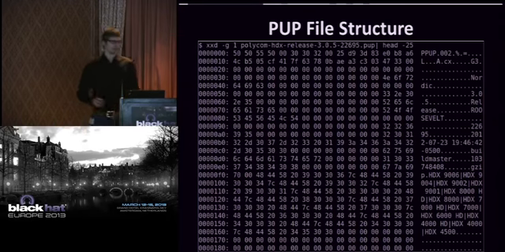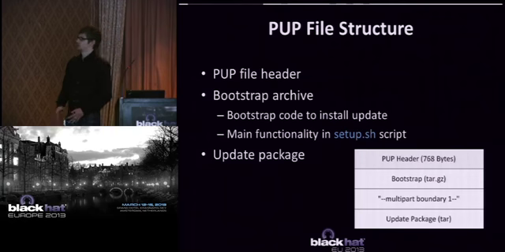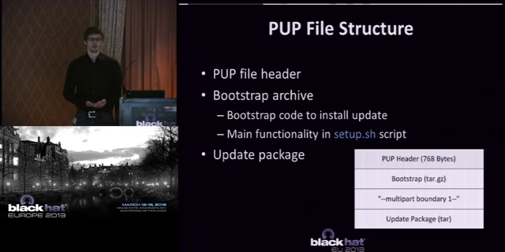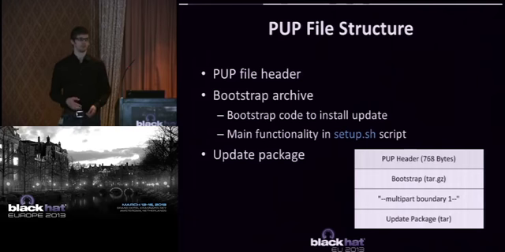So we started analyzing the complete file format, and it turns out it's pretty simple. It consists of a pub file header, which is the first 768 bytes, and then there are two packages or two archives. The first one is a bootstrap archive, which contains code used to install the update and extract the remaining part of the update.